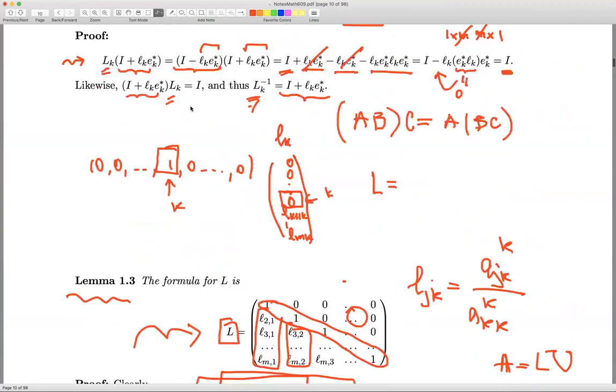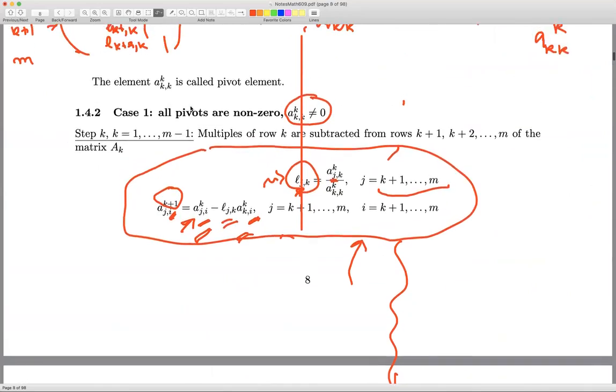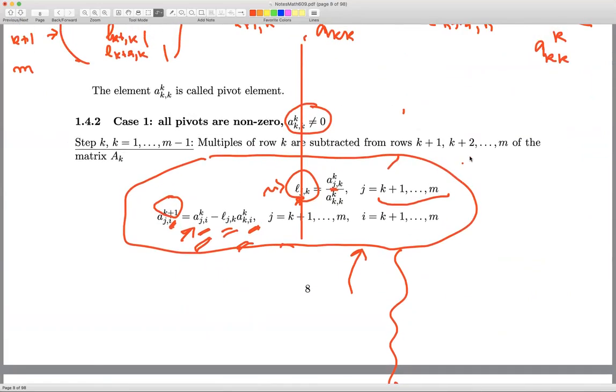We go back to what we ended up with in the previous lecture, namely those rows here that tell you how to compute the numbers LJK, by which you will multiply the kth row and add it to the k plus first and so on up to the mth row. Actually, you multiply this number with a negative sign and then add it to the k plus first and so on to the mth row.